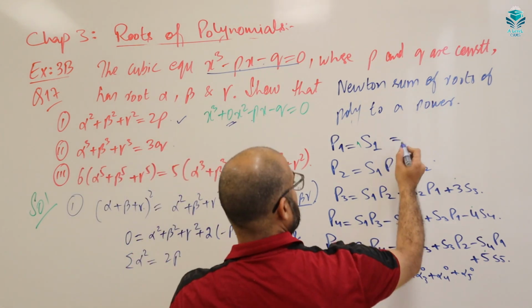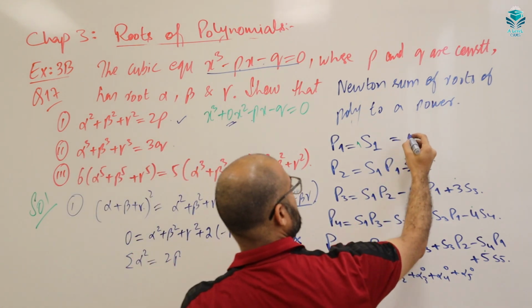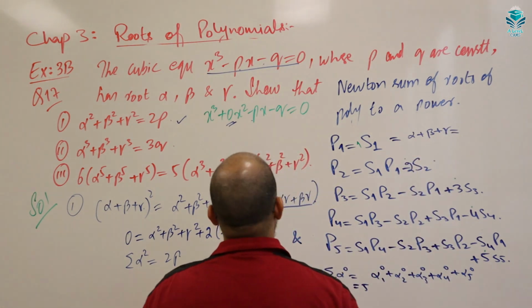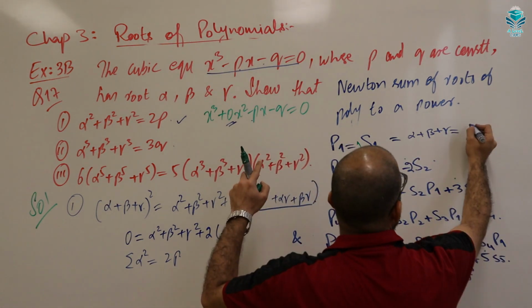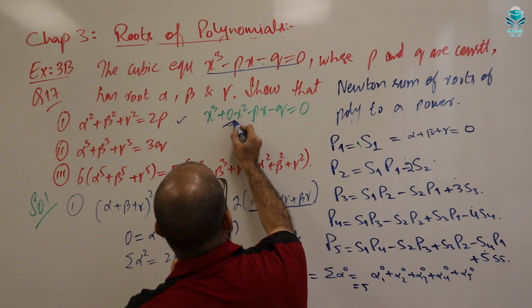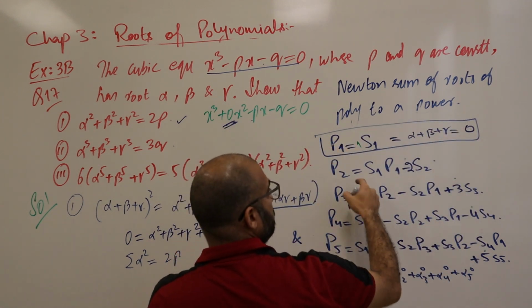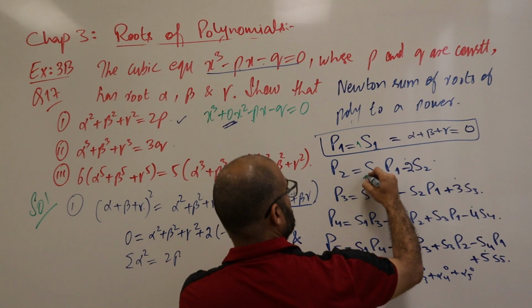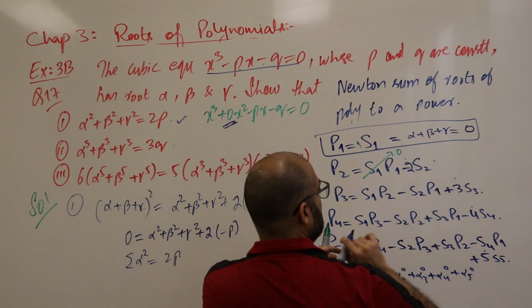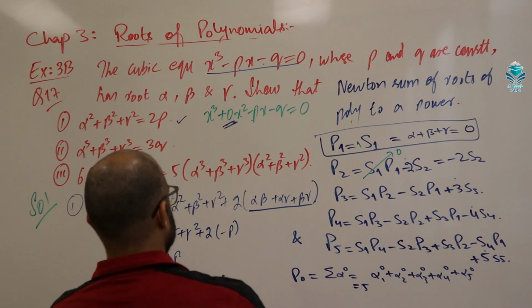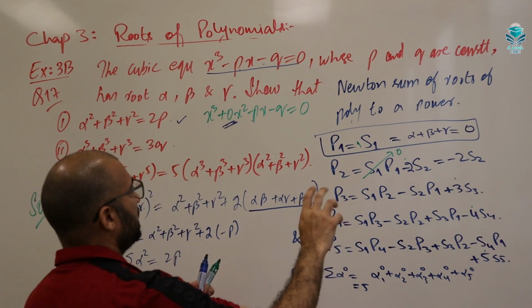P1 is S1, which is the sum of all the roots, meaning alpha plus beta plus gamma, which is equal to 0 using this equation. Understand? P1 is 0. For P2, since S1 is 0, this is 0 and we have minus 2 S2. What is S2? S2 is alpha beta, alpha gamma.